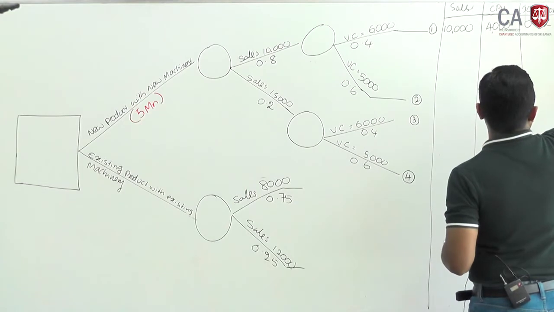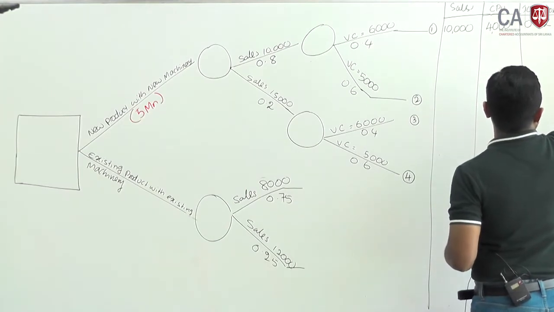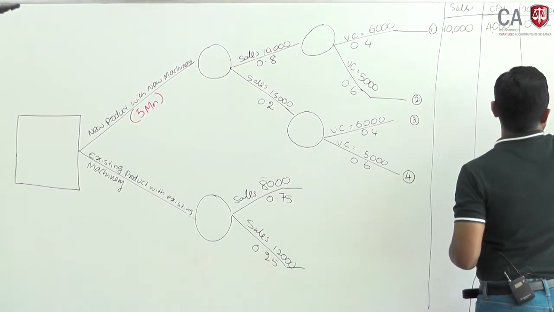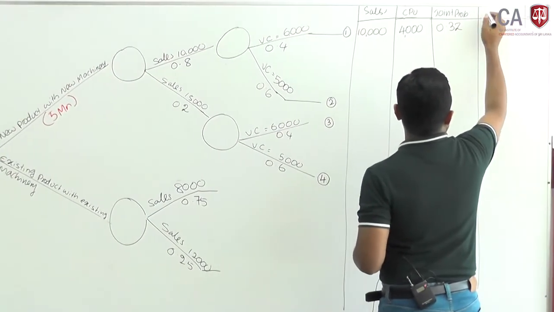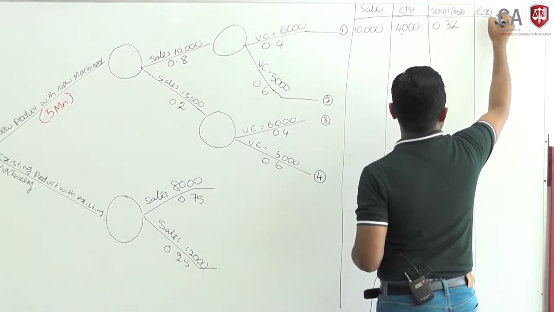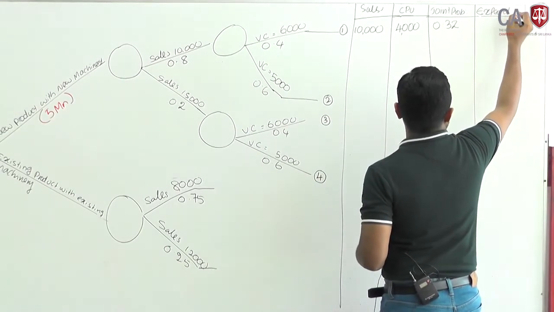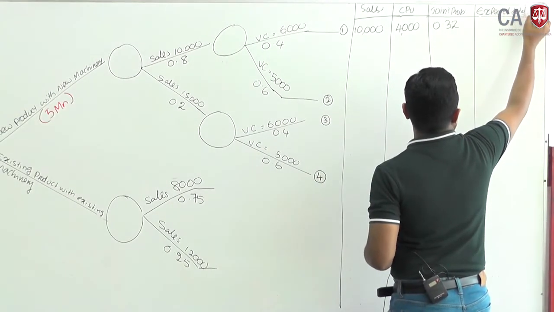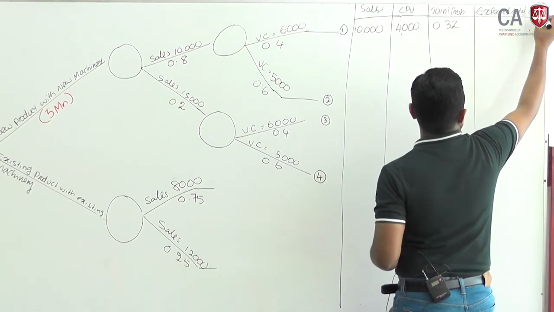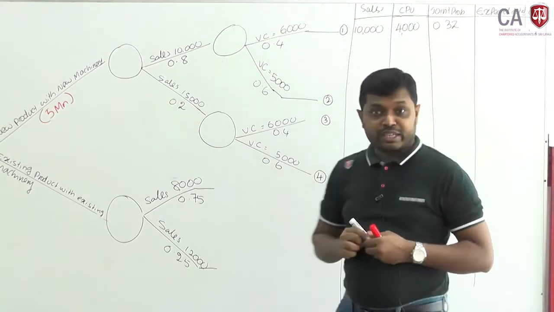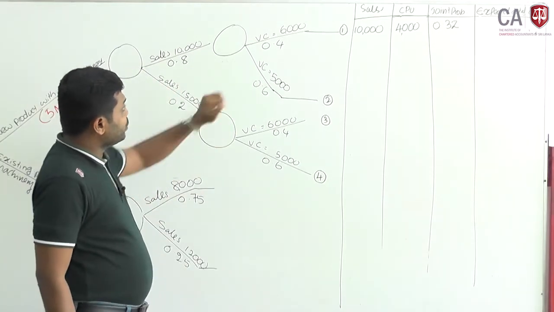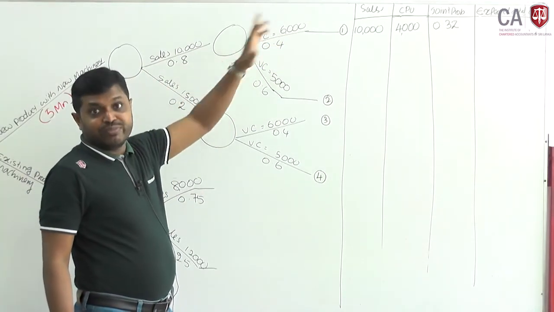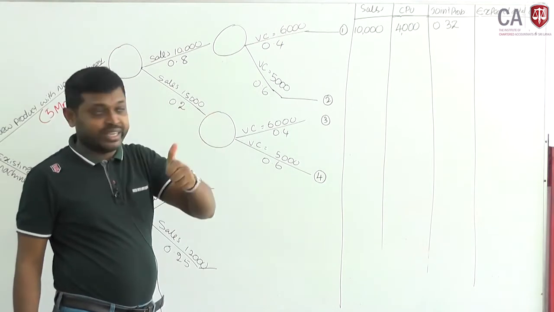Then take the expected total contribution. Selling price 10,000, variable cost 6,000, so 4,000 is the contribution per unit.